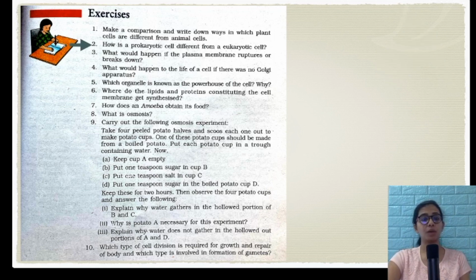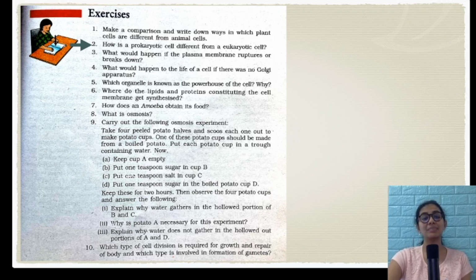The next question: how is a prokaryotic cell different from a eukaryotic cell? Now, the term itself is a clue. Pro in biology always means primitive, and karyotic is derived from the word karyon, which means nucleus, okay? So, a primitive nuclear region, how was it? And a modern, advanced nucleus, how is it?